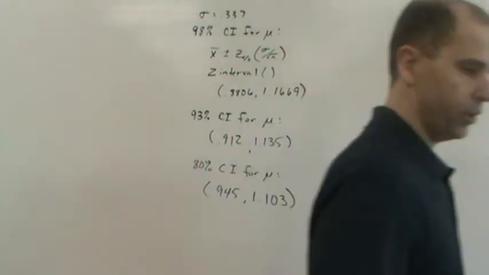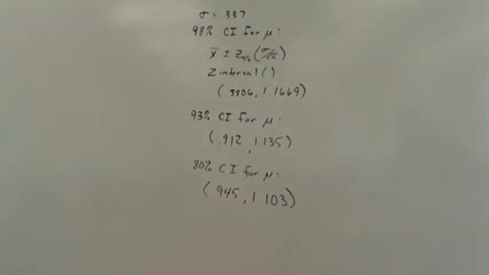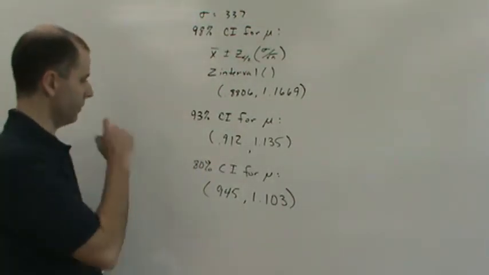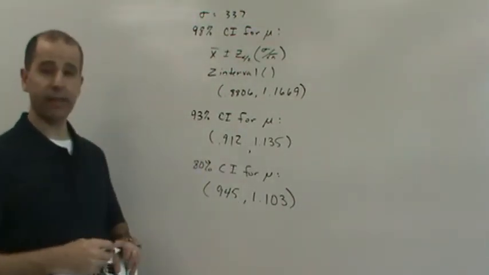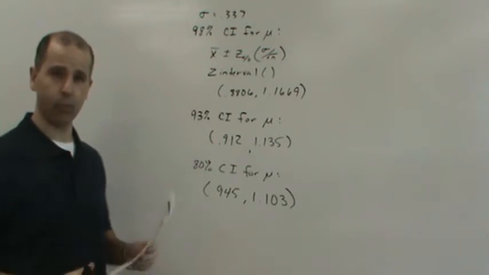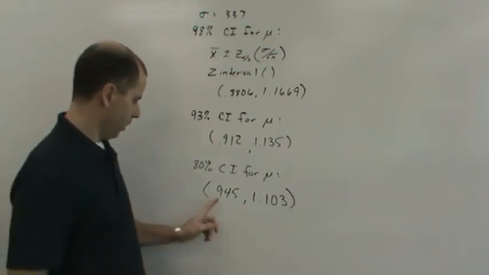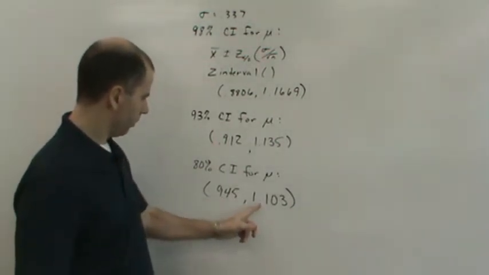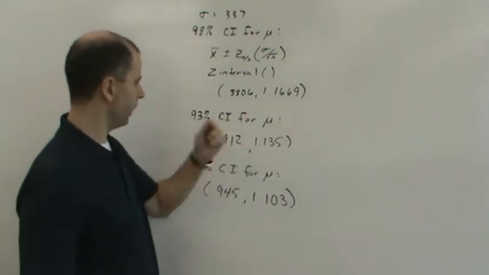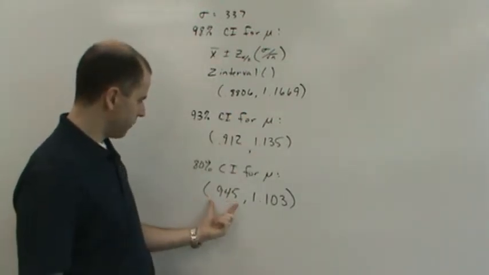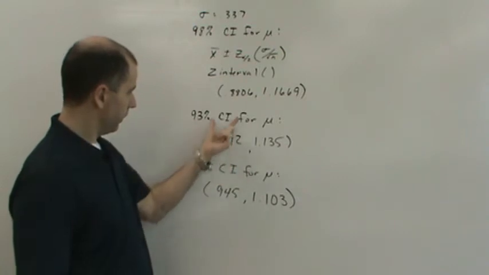Okay? And so what you notice here is if we keep everything the same and we increase the confidence level, what do we notice is happening here? Well, if we look at the endpoints, this endpoint is decreasing.